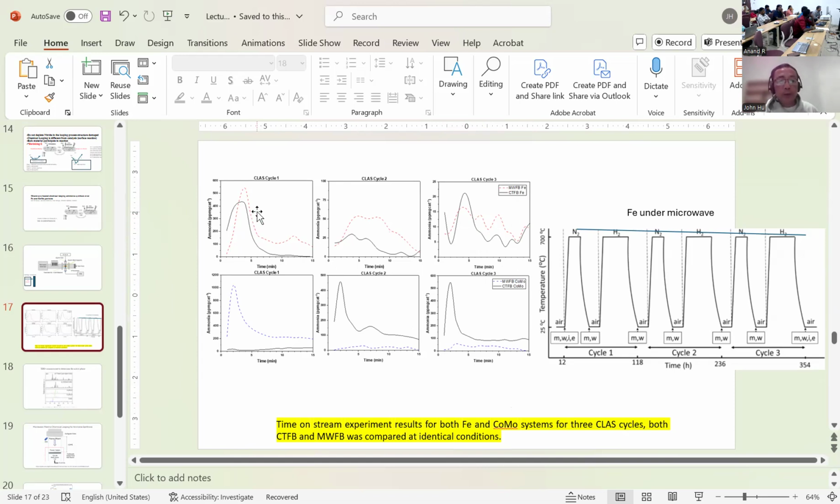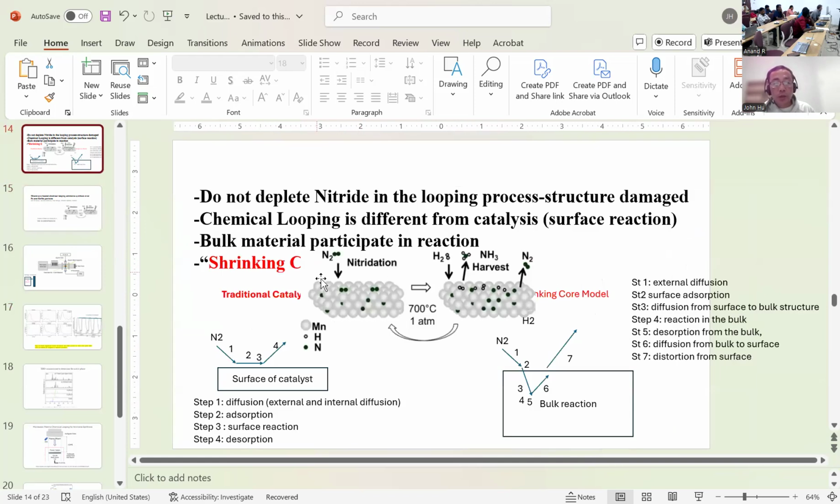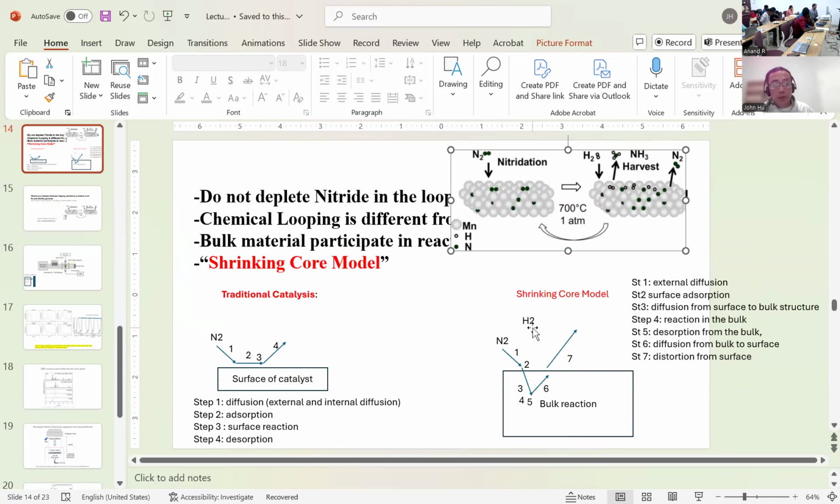So all these peaks. I'm glad we discussed this shrinking core model. It's all related to the steps: the internal desorption, step 5, step 4, the reaction, essentially steps 4, 5, 6.